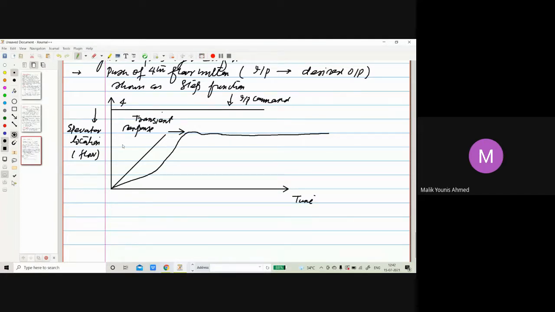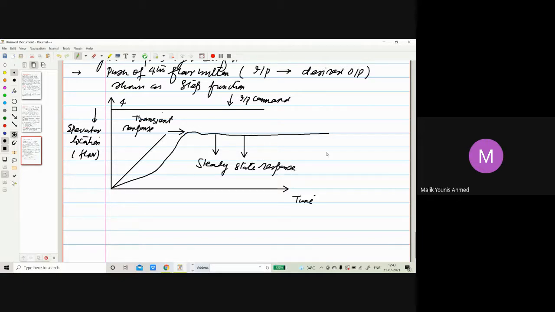Then once it settles down at a particular location, that means near that fourth floor, we will call this a steady state response. So this is a steady state response now. The response of that elevator is now steady state.